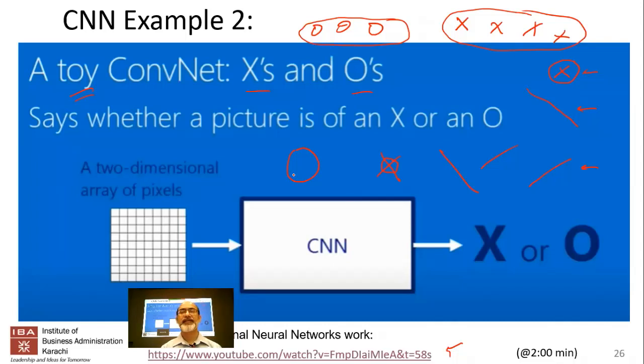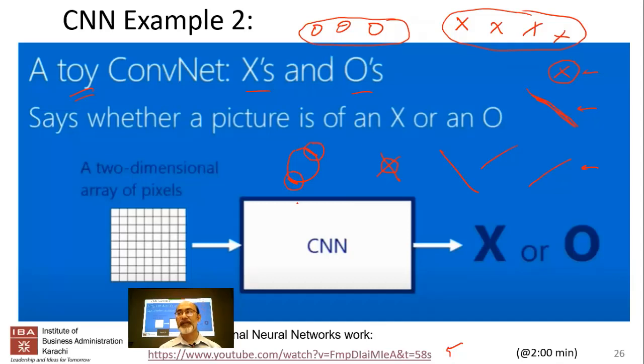Somebody's already answered that there is an empty thing in the center. But how do you actually decide what's the center? You can't really pick the center of an image. It's not very clear. But the lines are clear. Is there an X over here? No, there's no X. Is there a left-leaning line? Yeah, clearly there's a left-leaning line over here, right? In fact, a left-leaning line over here as well.